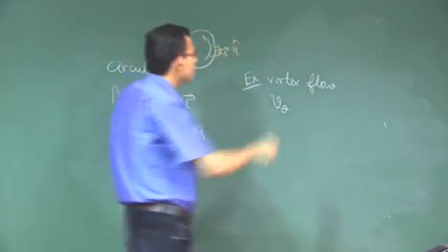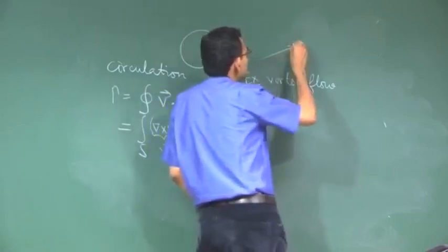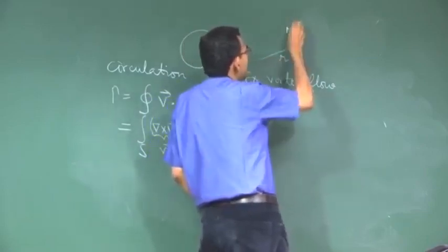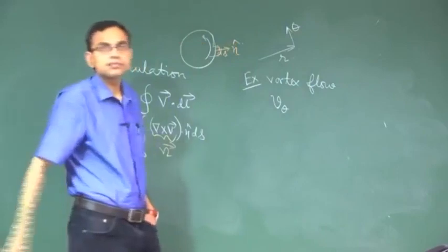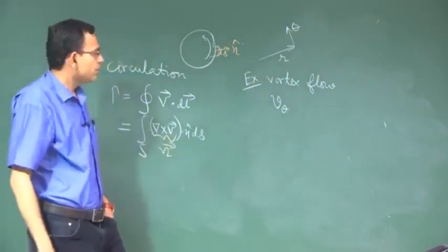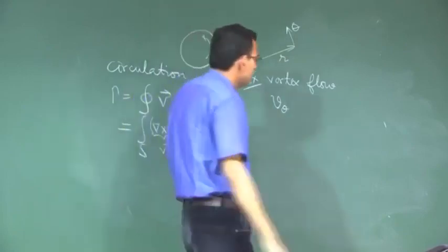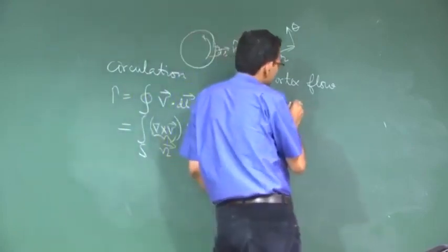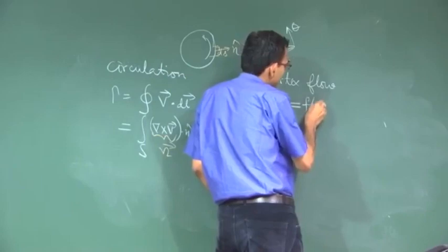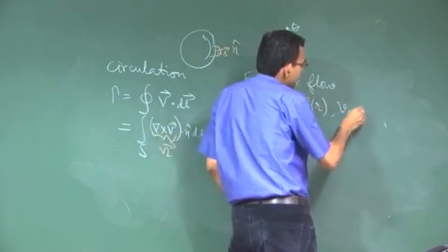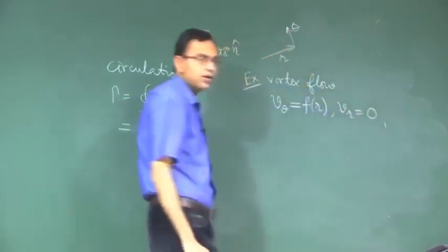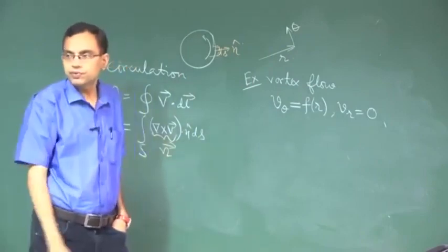What is V theta? In the polar coordinate system you have the direction r and the direction theta. So V theta is the velocity in the tangential direction. V theta is a function of r and Vr is equal to 0. This kind of flow is called vortex flow.